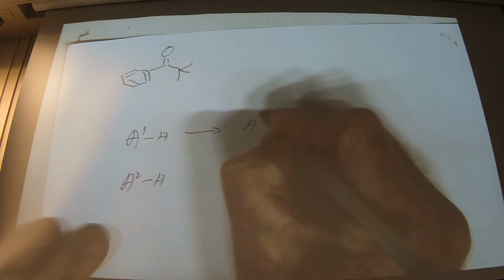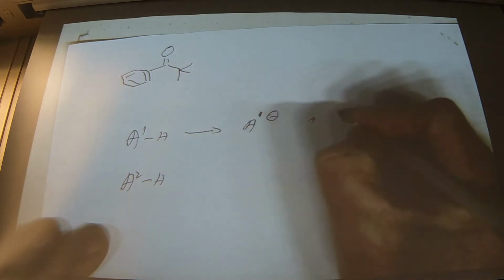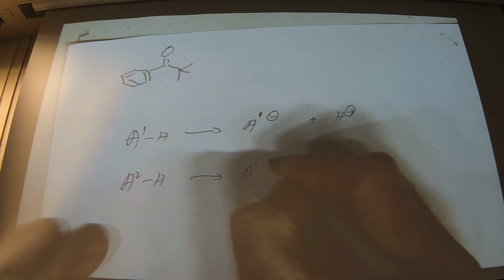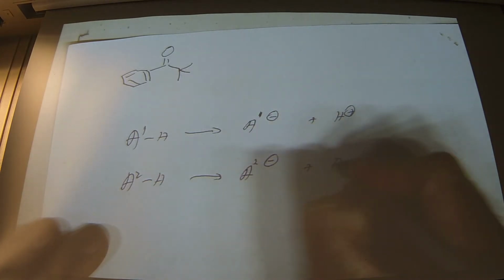Here's why. Think of it this way. Let's say that I have two acids, A1 and A2, right? This one is going to dissociate to the A1 conjugate base plus a proton. And this one is going to dissociate to the A2 conjugate base plus a proton.